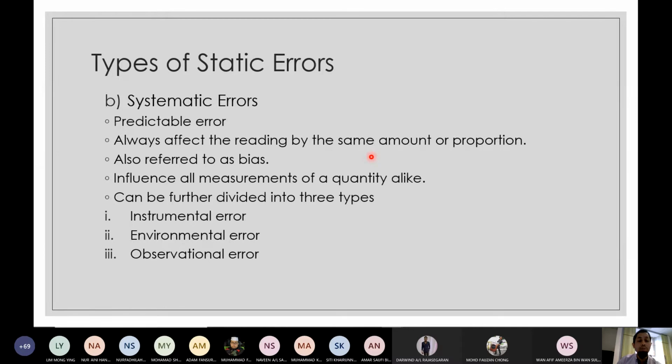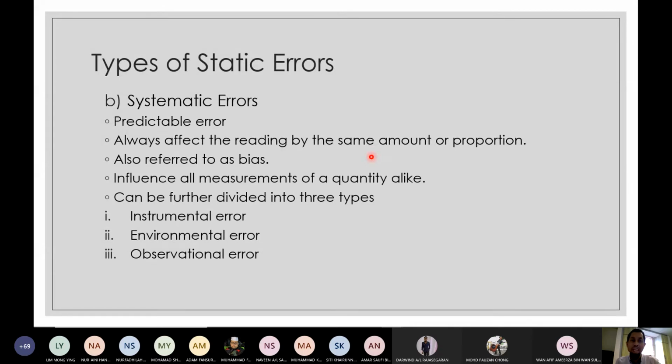Right? So the example I gave you just now about the weighing scale. Let's say the scale has an error of 1 kilogram. So if you weigh yourself, then the error will be plus 1 kilogram or minus 1 kilogram to the actual value that you measure.